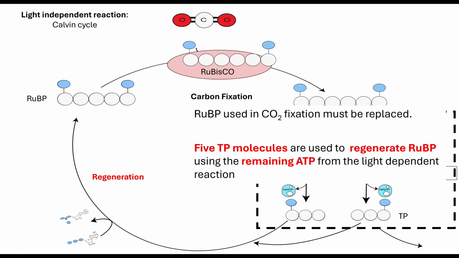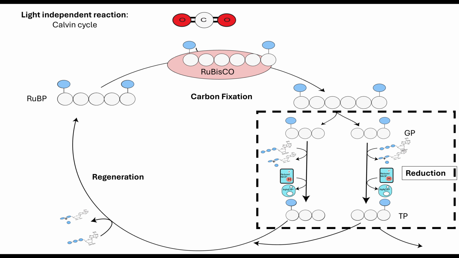And because we are rearranging the atoms, ATP is required to provide the necessary energy, which is going to allow for that conversion. So it is important that we remember that the Calvin cycle is always these 3 parts: carbon fixation, reduction, GP to TP, and regeneration of our RuBP.